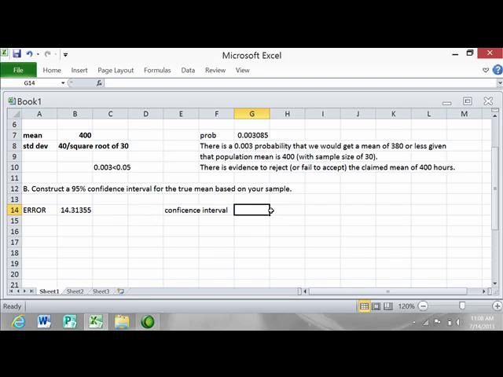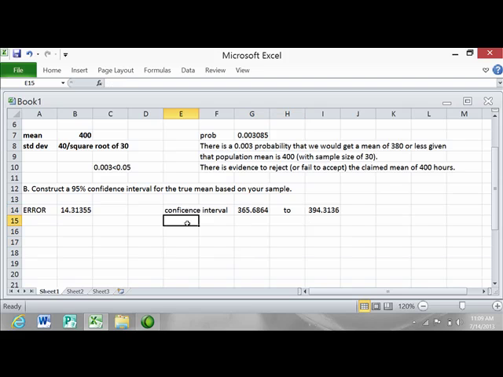We had a mean of 380, and then we subtract off this value, which gives us the lower limit of 365. The upper limit is going to be 380 plus this error. And so our confidence interval is from 365 to 394.